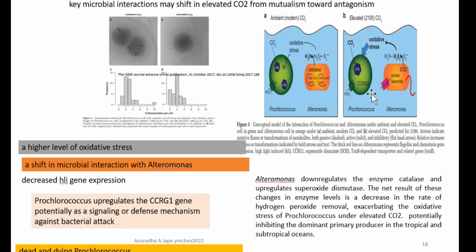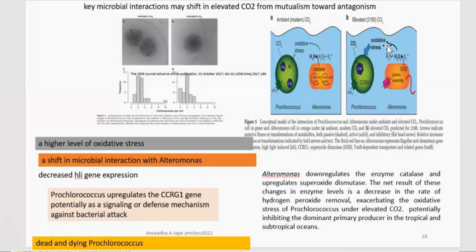Understanding this mechanism, it is very clear that Alteromonas and Prochlorococcus have interactions, and the interaction supports the survival of both these organisms, and their growth or survival is dependent on atmospheric CO2 levels, right?